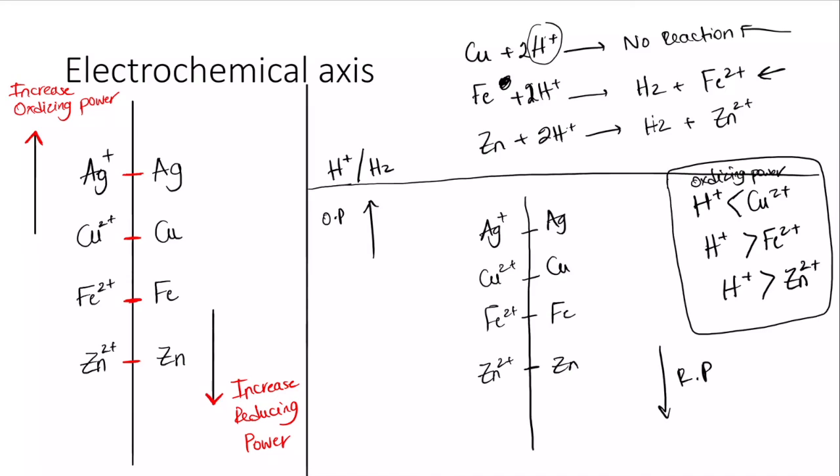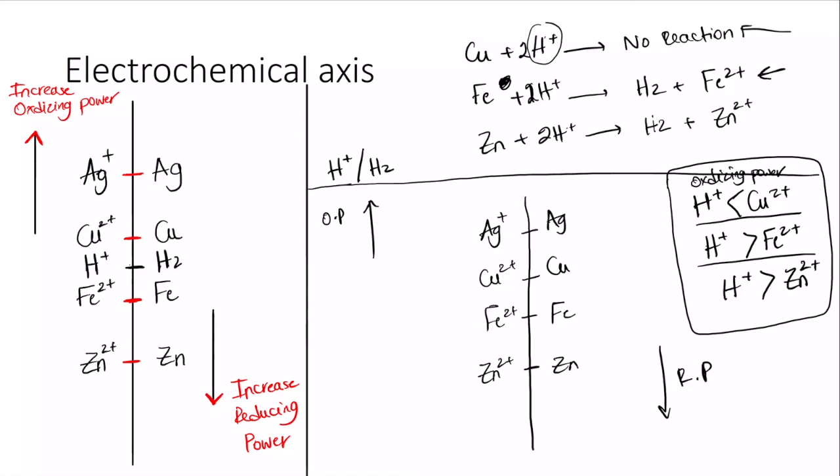It has lower oxidizing power than Cu2+ and a higher oxidizing power than Fe2+, so it should be here. So here we put an arrow, and here we have H+ and H2, and this is the place of the hydrogen couple inside the electrochemical axis.